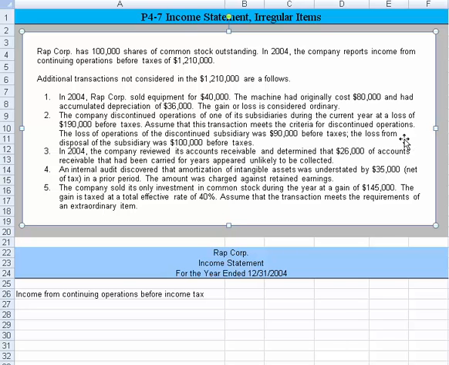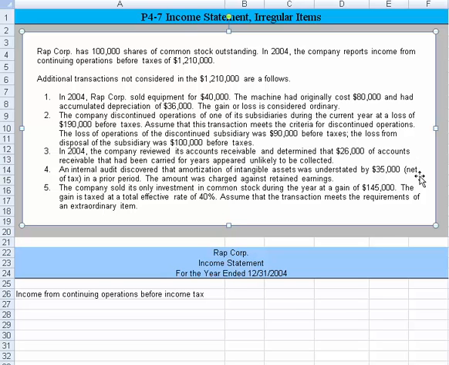Okay, so we've had an equipment disposal, we've had some discontinued operations. The third item says we've got some bad debts, it looks like. It's been carried for years and it won't be collected, $26,000.